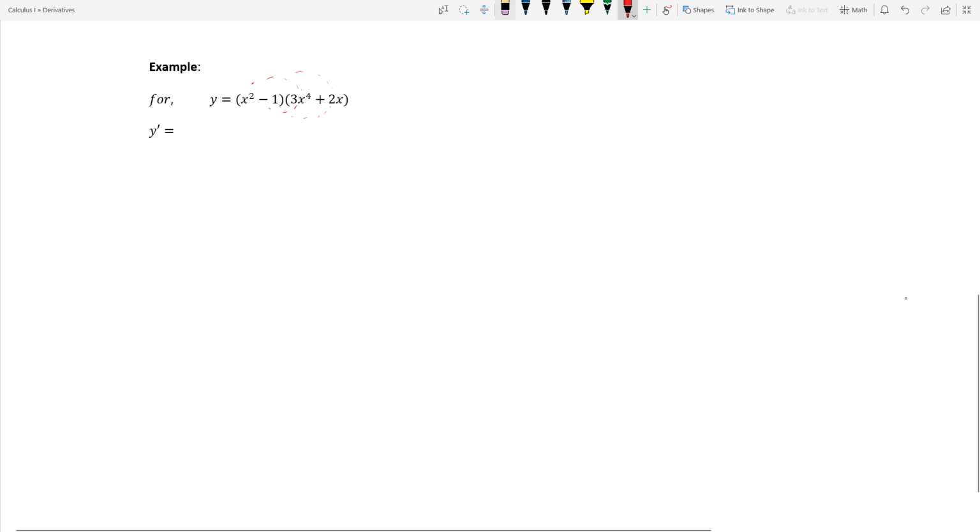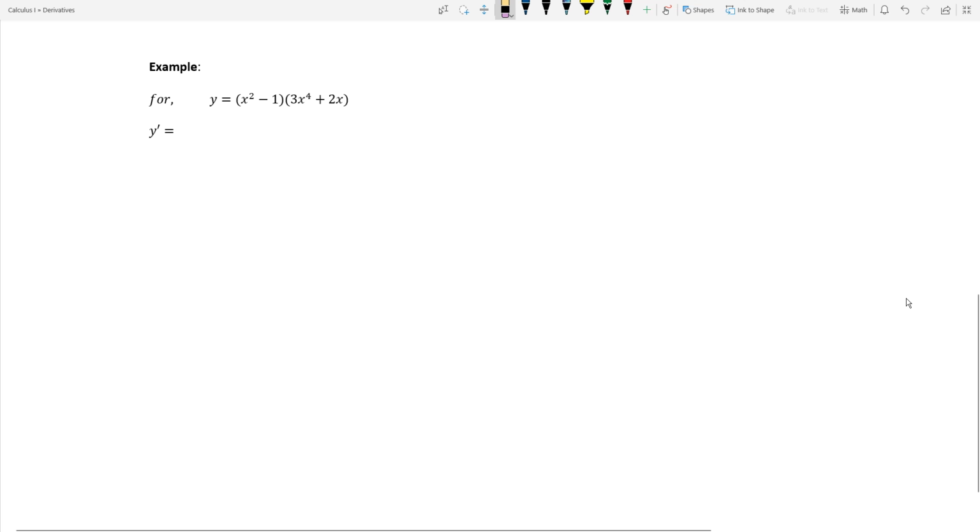And in that case, we would be able to use the addition and subtraction rule, so we could solve each individual term as a derivative and then combine them. But again, as we get into more complex functions, you're going to find that working well within the guidelines of the product rule for derivatives is going to be essential. So let's find out what y prime is for this function.